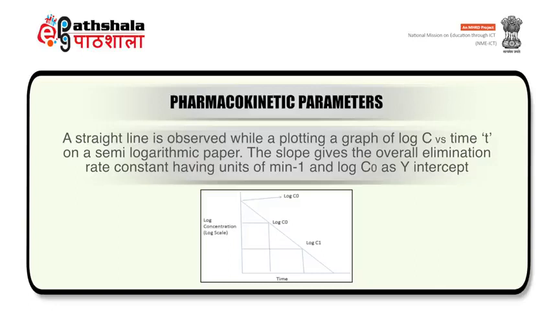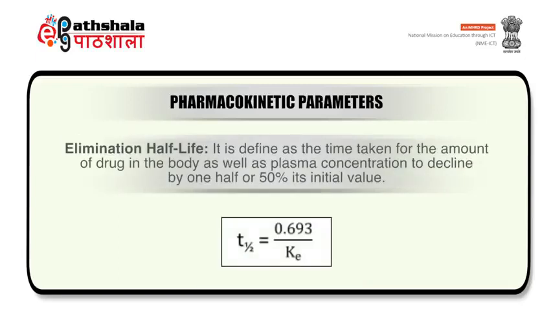The slope gives the overall elimination rate constant with units of minute inverse or time inverse, and log C0 is the y-intercept. Elimination half-life is the time taken for half or 50% of the amount of drug in the body to decline, which is referred to as elimination half-life or sometimes biological half-life.